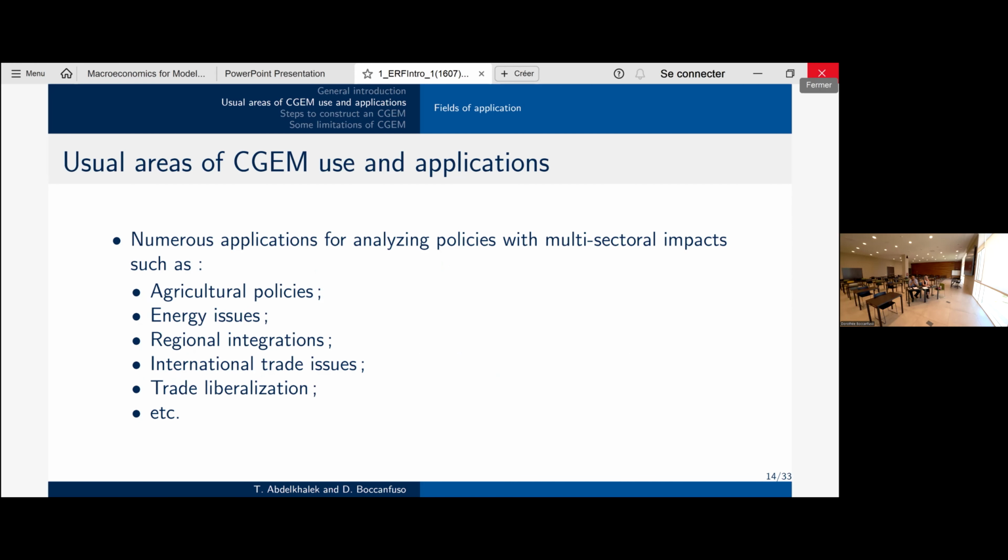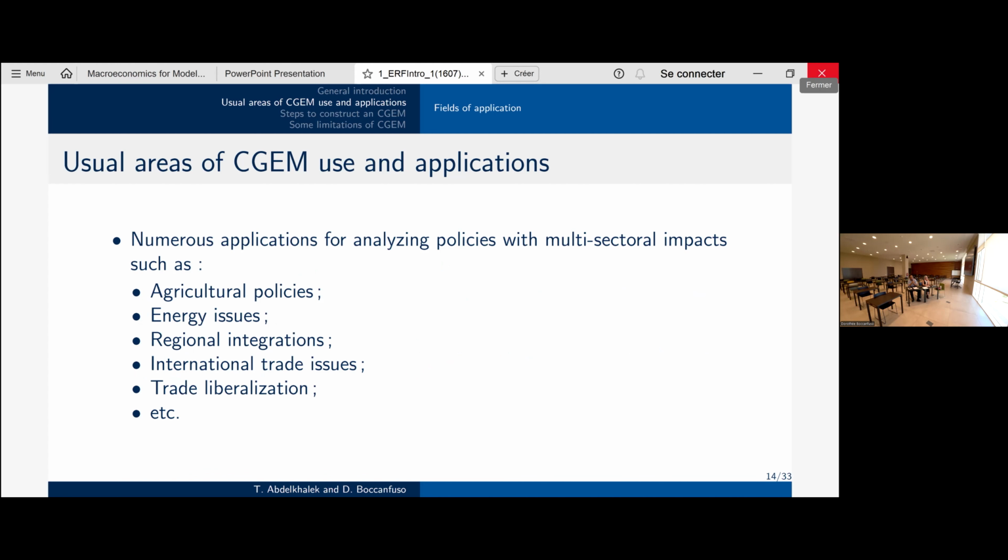For applications now, you can use a CGE model when you have to deal with a multi-sectoral policy, where the simulation or the policy we have to analyze can have multi-sectoral impact.